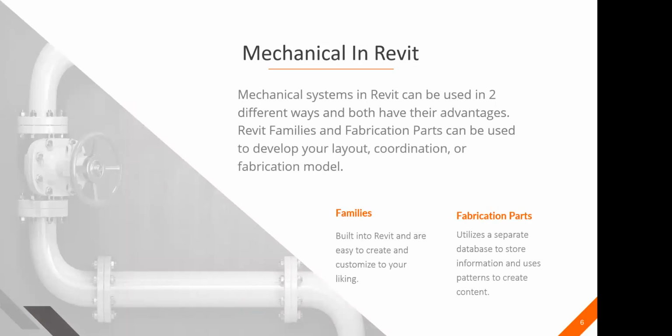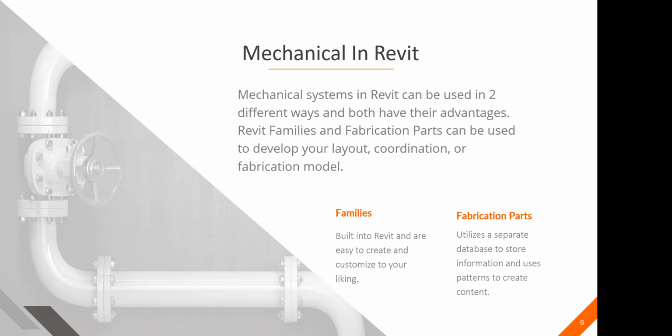So in Revit, there are two systems that you can use, which are families and fabrication parts. Families are native to Revit, right? They are built within the Revit ecosystem, so you can make them look exactly like the parts that you need and fit exactly what you need. Some definite pros there.